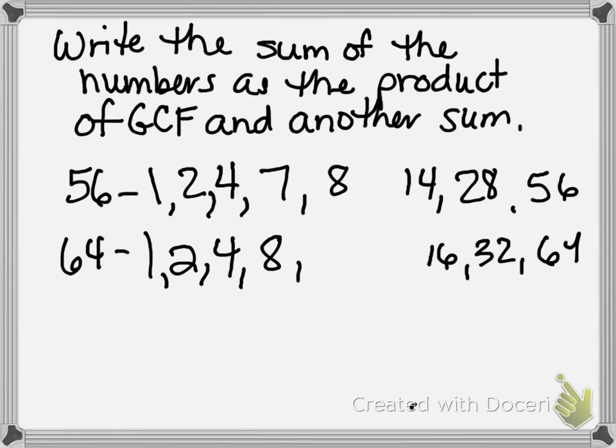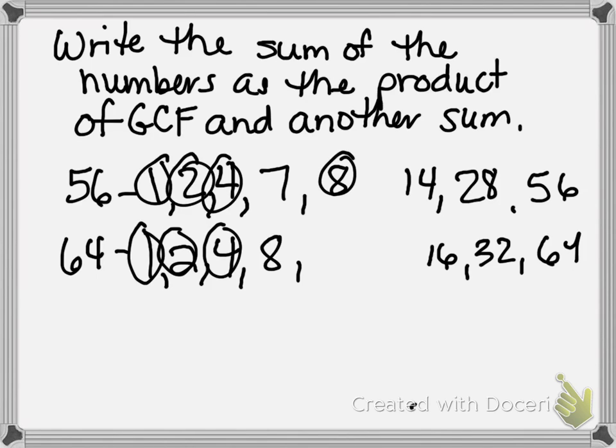Step 2. I circle all of the common factors, the ones they have that are the same. And then I find the greatest, right? The greatest is 8. So that's going to be my outside number. Tell your partner that. Outside.